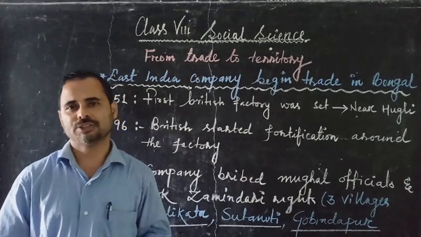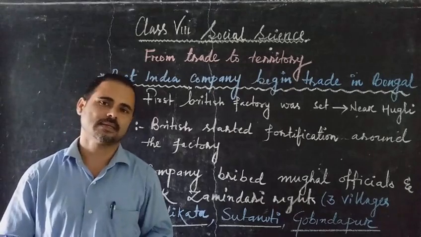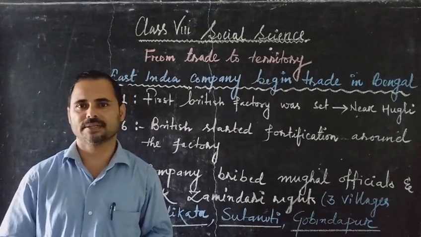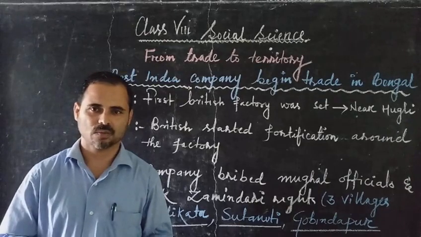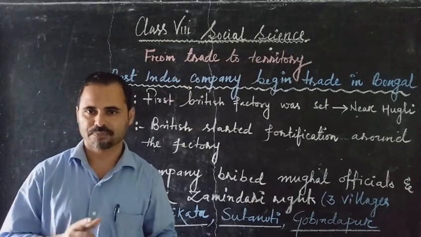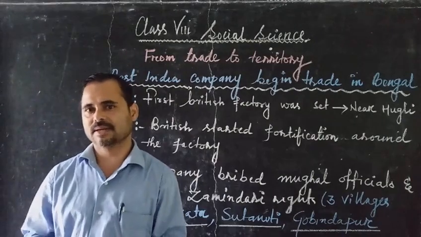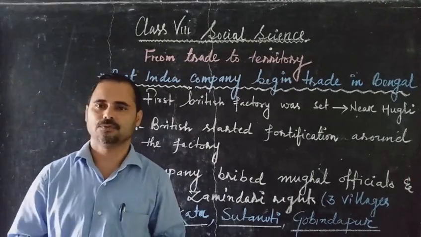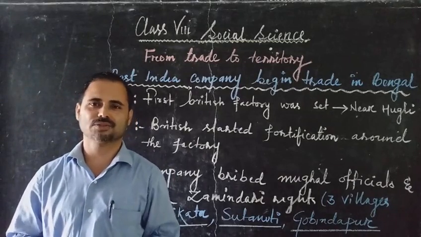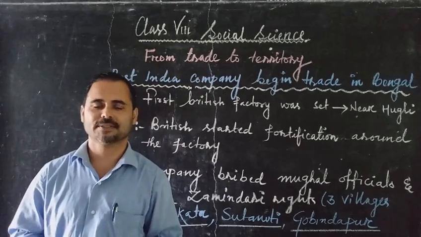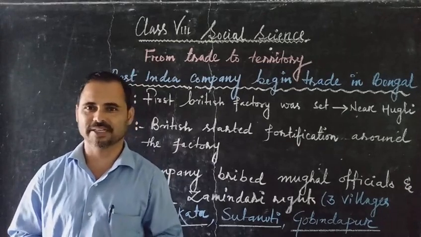Many things changed in the administrative and political system of our country. First, the Britishers were victorious and the Nawab defeated, and this was the first battle where the company got a direct victory. After that some other battles were also fought, and the company's policies towards India changed.